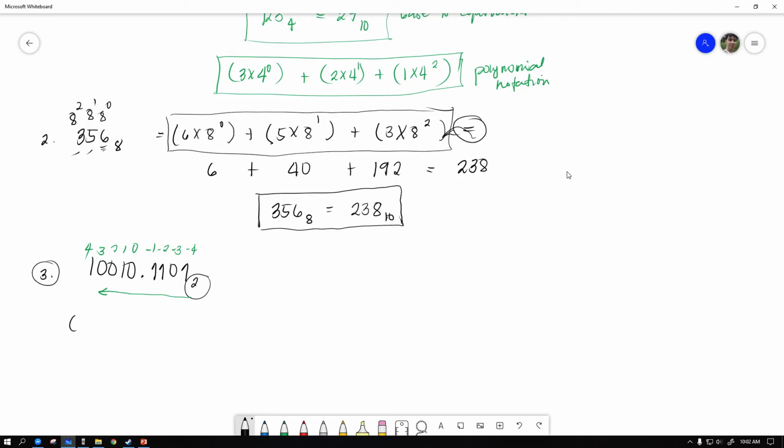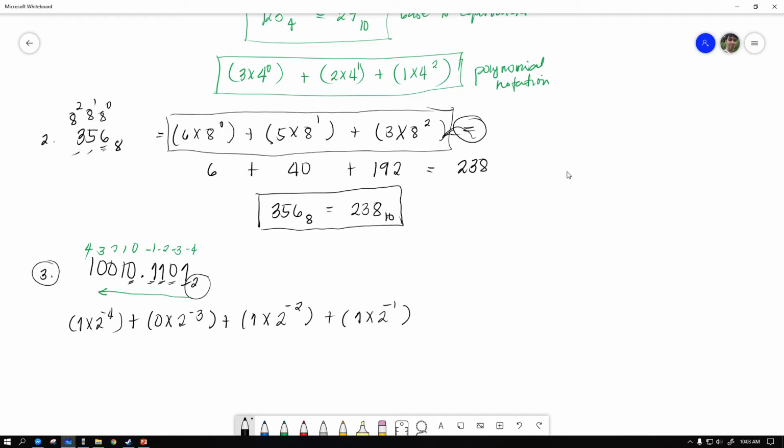So you have 1 times 2 to the -4, plus 0 times 2 to the -3, plus 1 times 2 raised to -2, plus 1 times 2 to the -1.